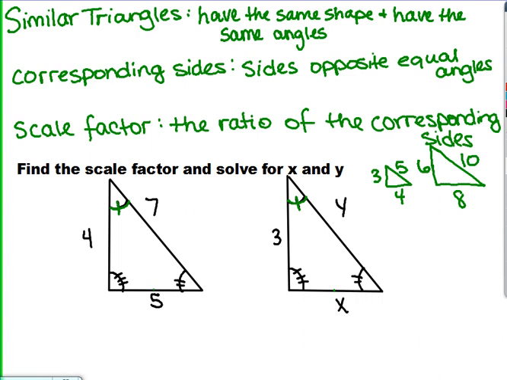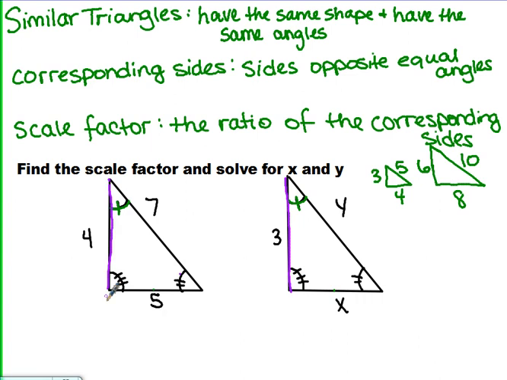In order to find the scale factor, we need to do it based on corresponding sides that we know. So we know the side that is opposite from the 2 tick mark angle. We know that this is 3 and this is 4.